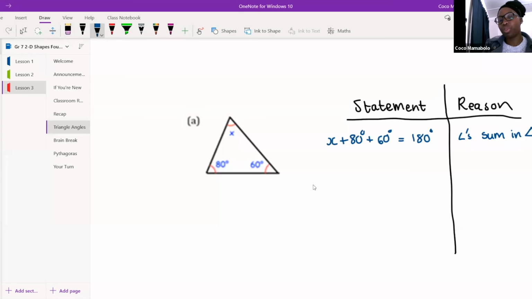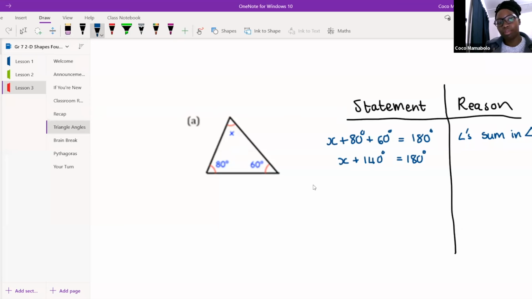I get where you're going, and I agree with you, but now we've completely neglected what we were doing before. You can take 80 and 60 and add them. But what I'm going to need you to do, Jeria, is write it in one sum. Write x plus 140 degrees is equal to 180 degrees.